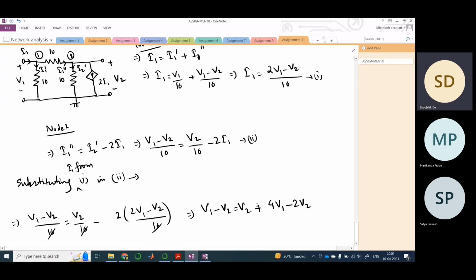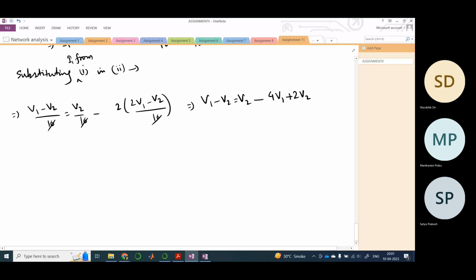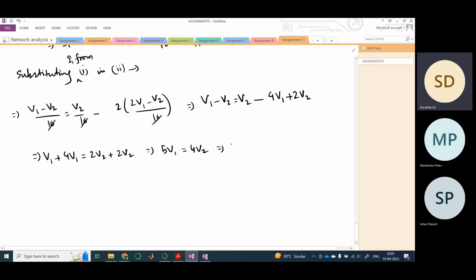Yes, sorry. So this is minus, this is plus, therefore this is V1 plus 4V1 equals 2V2 plus 2V2. So 5V1 equals 4V2. Therefore AV is V2 by V1, which is 5 by 4.